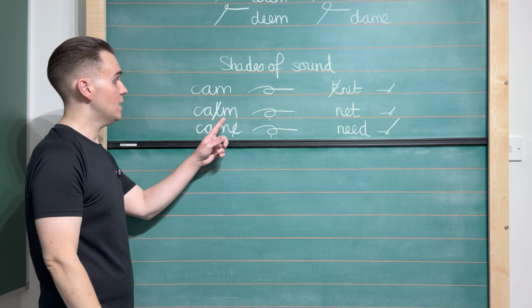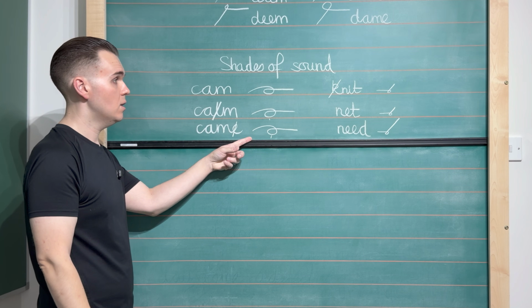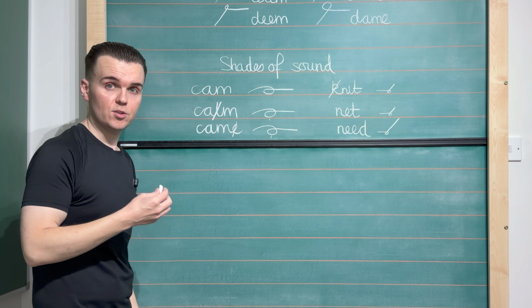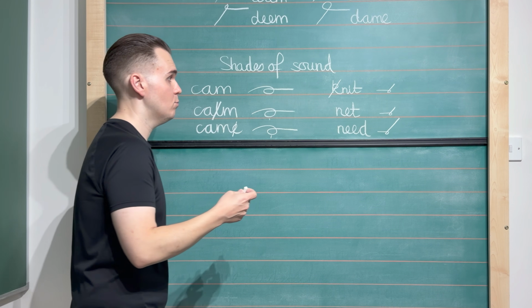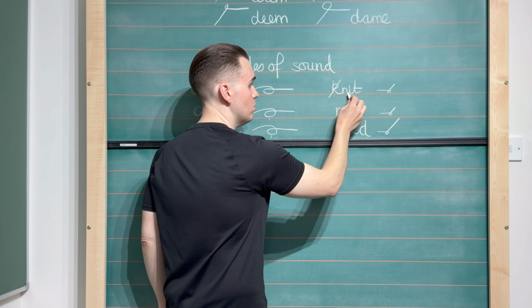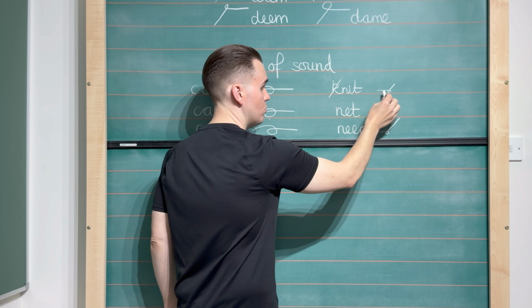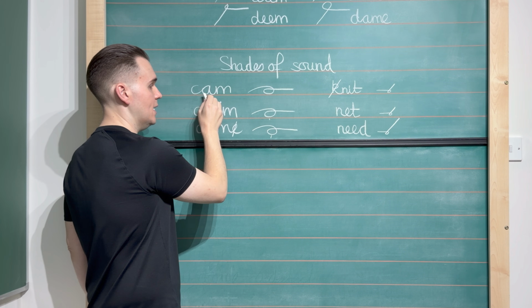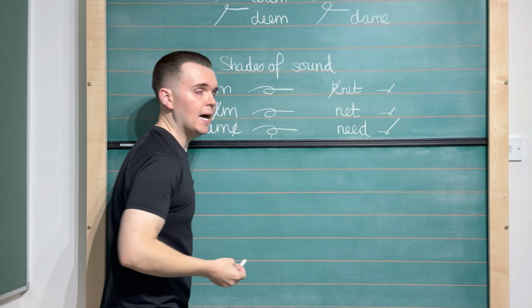So, same as we had with our A sound, we have the same marks in Gregg Shorthand to distinguish these 3 sounds of E. So, the short sound of I, which we represent with E, I as in knit, just like our sound of A, we leave unmarked.